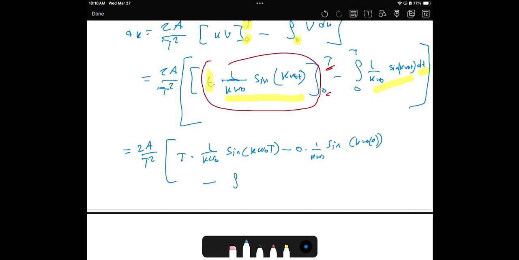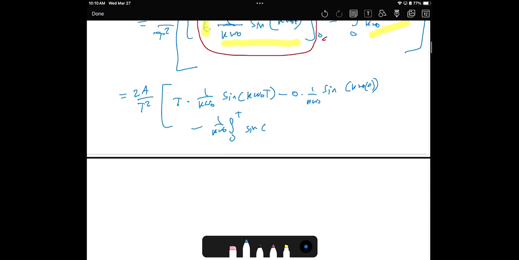Minus integral from 0 to T. I like to put the constants outside of the integral, 1 over k omega naught. Then the integral of sine k omega naught t dt.